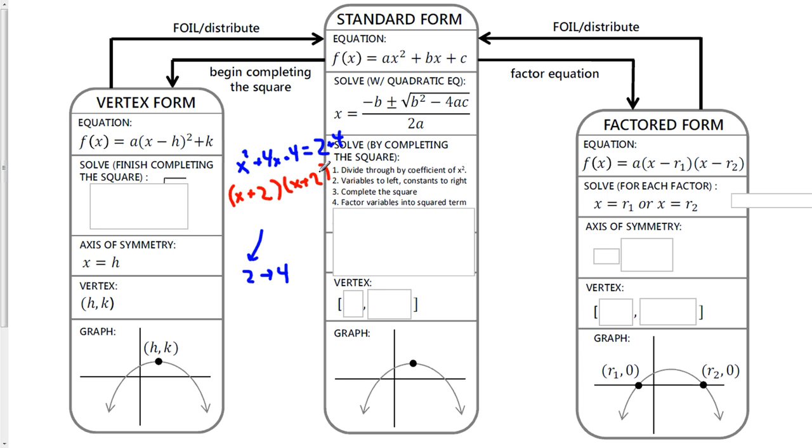So we have x plus 2, x plus 2. We'll combine that into x plus 2 squared. And then take the square root of both sides. So this other side here is going to equal 6. You take the square root of both sides, and then you would solve for x.